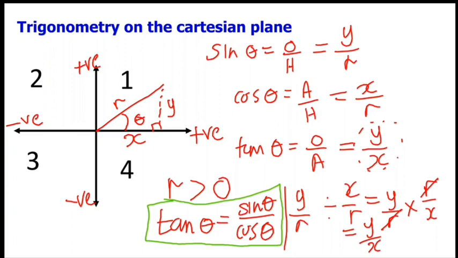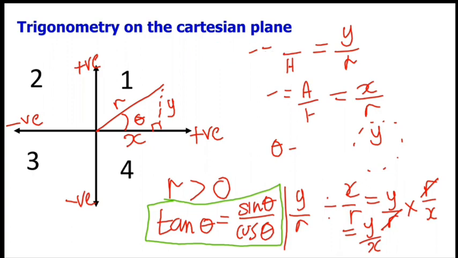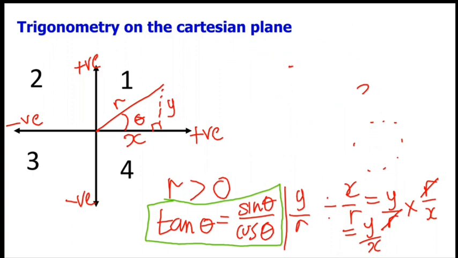The second relationship that you need to remember is related again to the right angle triangle that we see there. We can use the theorem of Pythagoras. R squared is equal to x squared plus y squared.